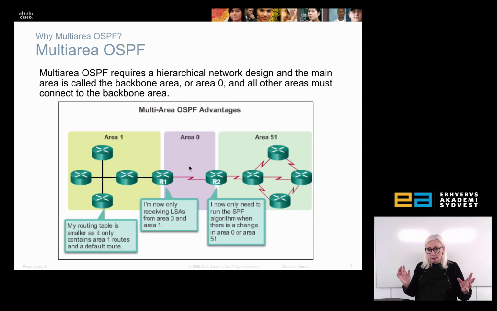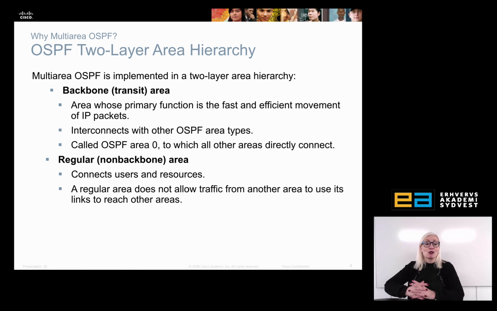So area 0 is the backbone where we have connection to all the different other areas that we set up, depending on, of course, how large our network is. So it's important to remember that area 0 is the backbone or the transit area. This is where we interconnect our areas. Then we have the regular areas or the non-backbone areas.